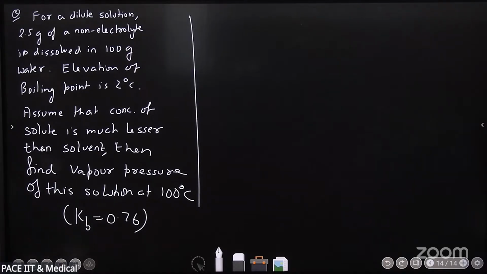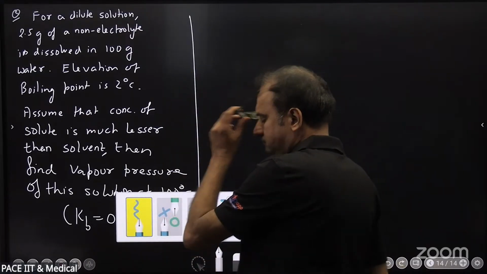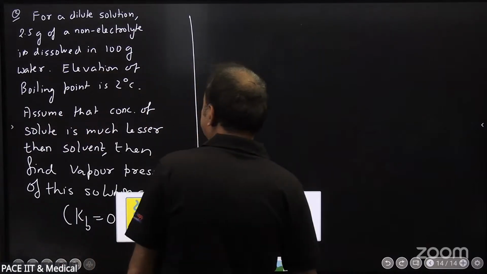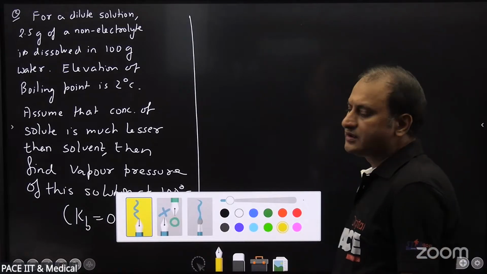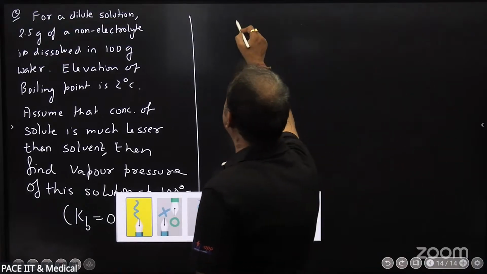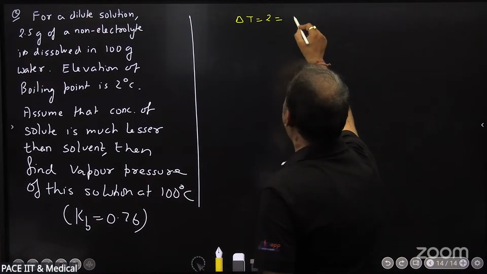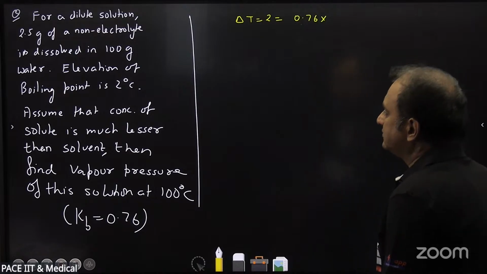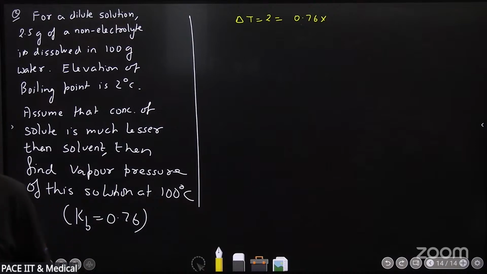So let's see how we'll proceed. First, let's apply the boiling point concept. So delta T for boiling point is given as how much? 2 degrees. This should be Kb times m. Kb is given as 0.76, and the molecular weight of solute is not given.